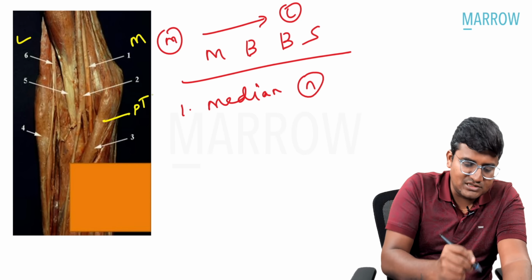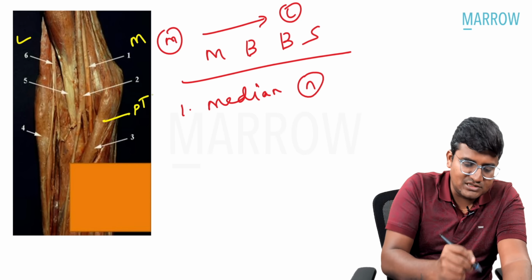Okay. Now what is the root value for our obturator nerve? The obturator nerve root value is the ventral division of L2, L3, L4. Femoral nerve, the dorsal division of L2, L3, L4. Lateral femoral cutaneous nerve, dorsal division of L2, L3. Okay. Right.